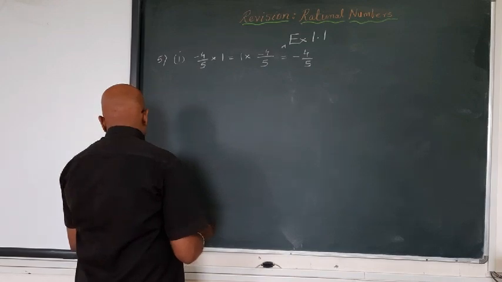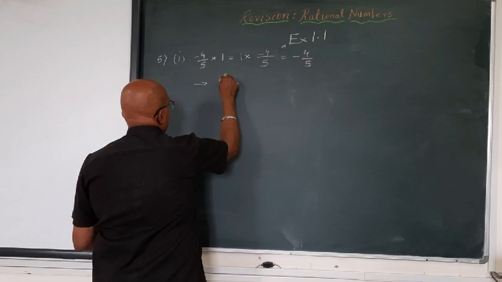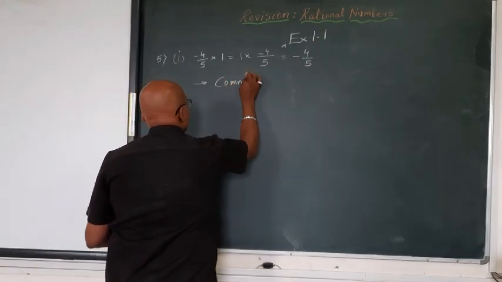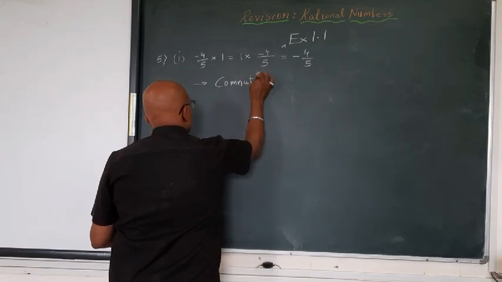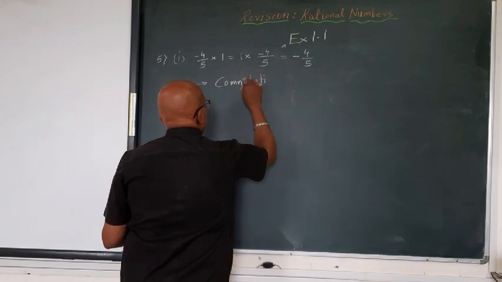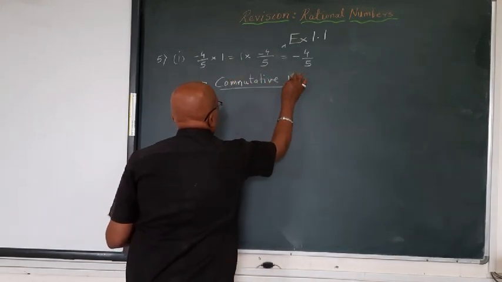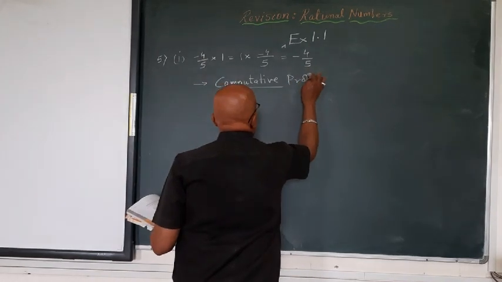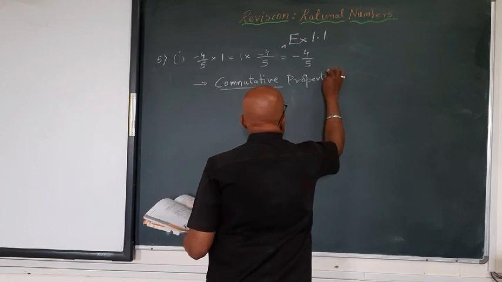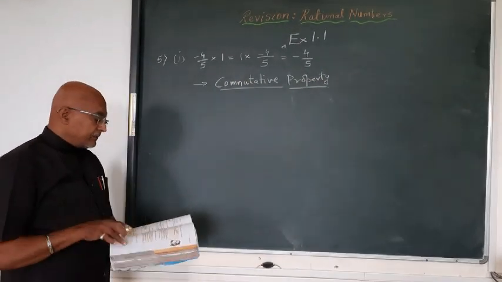What is the spelling for that? Here we can write with an arrow: COMMUTATIVE, commutative property. So this way you have to write.